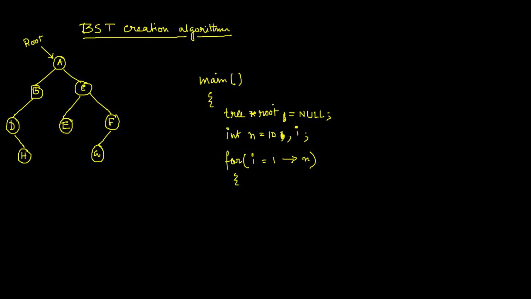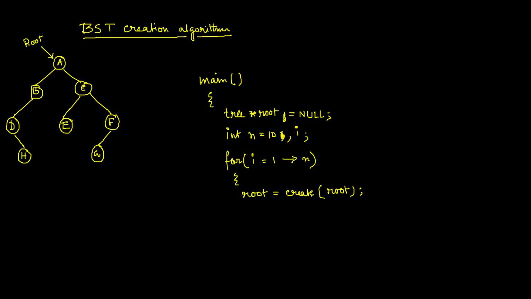This root has to get updated. Now if you want to update this root, then when you are calling this create function, you should return into root. That means the create must have a return type. So you can say that root equal to create root.